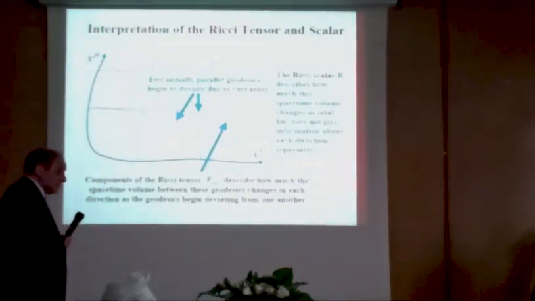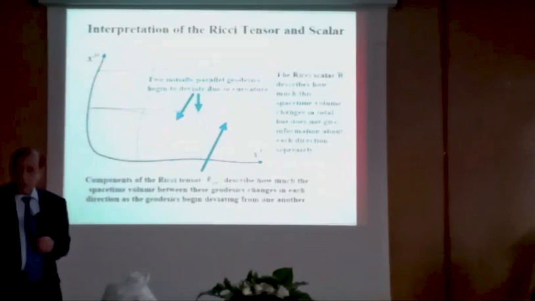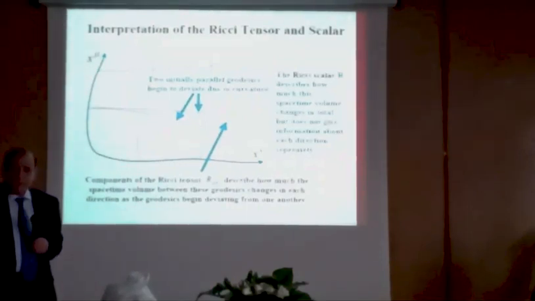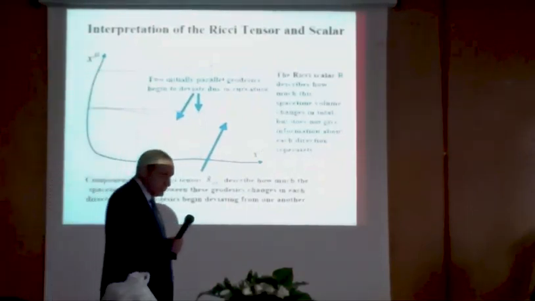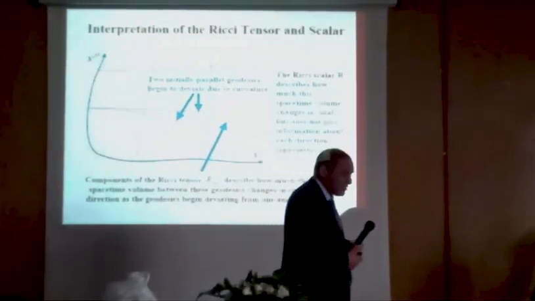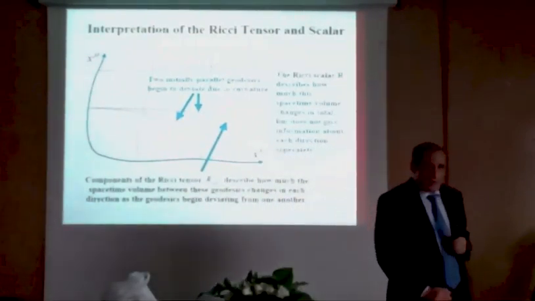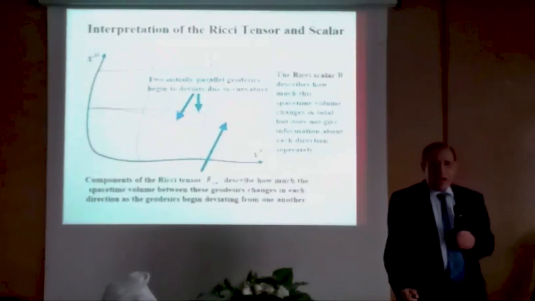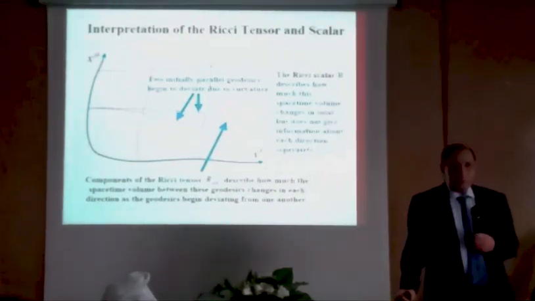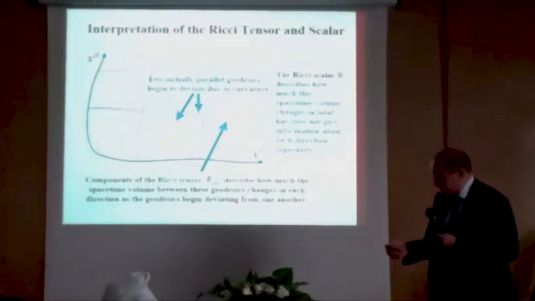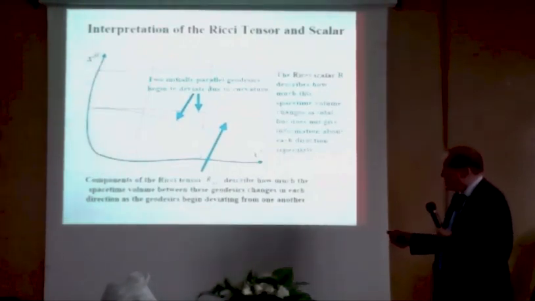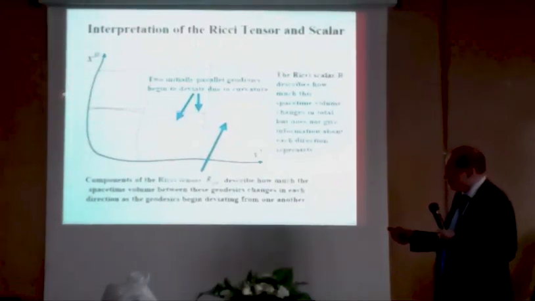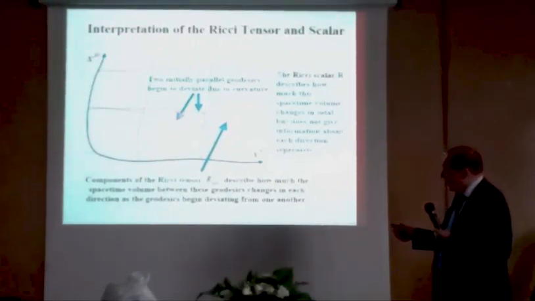Now look at this here. I have a curvilinear coordinate system. This is not rectangular, this is an arbitrary curvilinear coordinate system. In this system, for example, this line here, because of curvature, will deviate and become here.